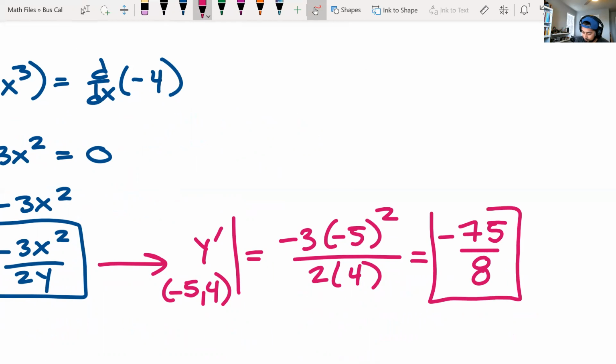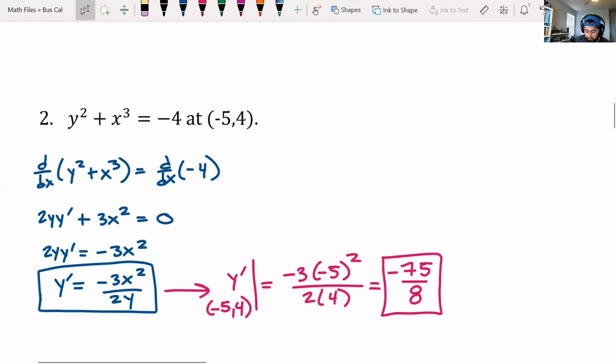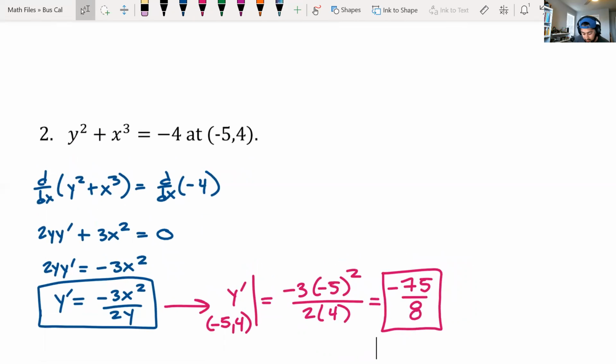So another quick question. Go ahead. I'm kind of confused. What are we actually solving for here? You have a y and an x. So what is 75 over 8? What is that? So truthfully, again, this is a derivative. So what would 75 over 8 represent? Wouldn't that just be 0 as a derivative?